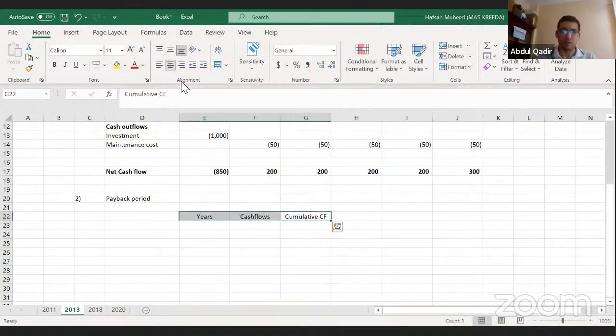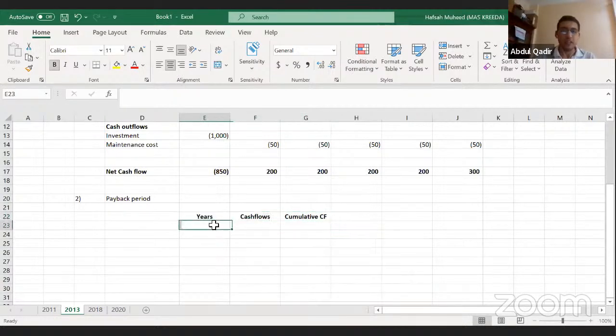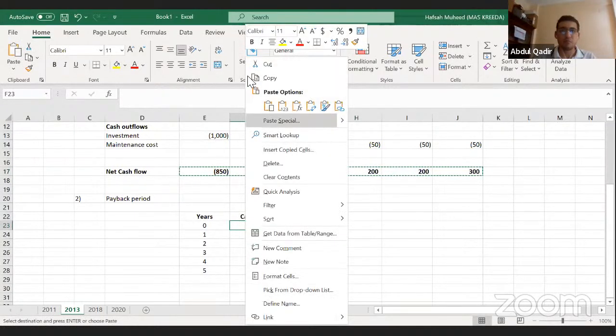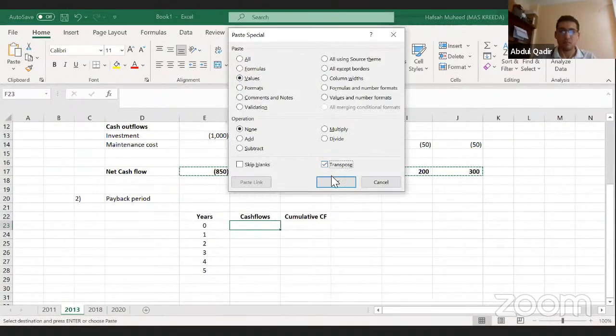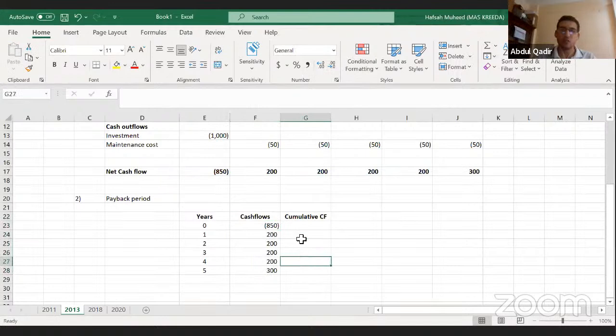So these are the 3 columns which are needed for this, right? So how many years do you have? You have 0, 1, 2, 3, 4, 5, right? What are your cash flows? These are your net cash flows, right? So I'm going to paste it here. Right, so these are your cash flows, which we just now calculated for the 5 years.